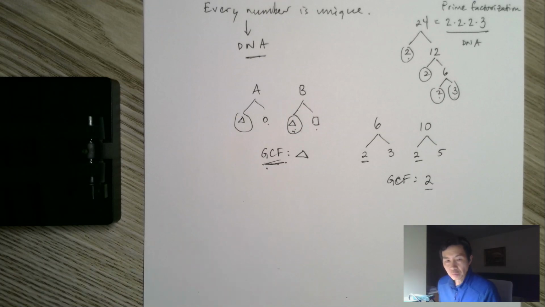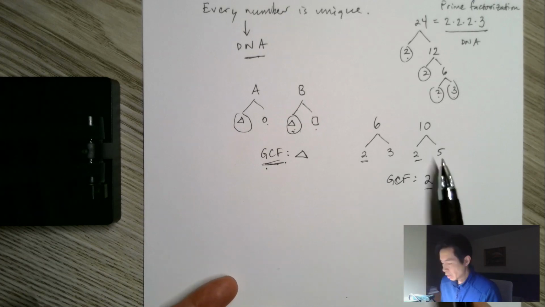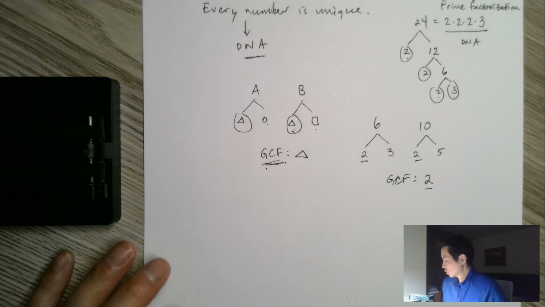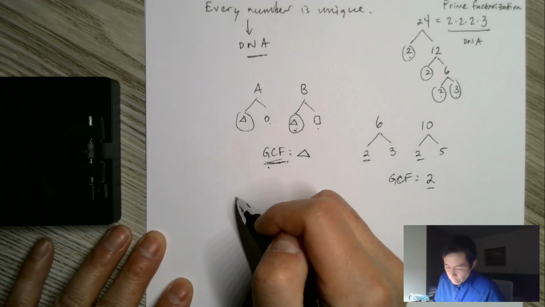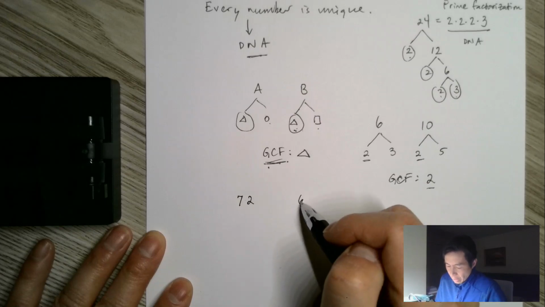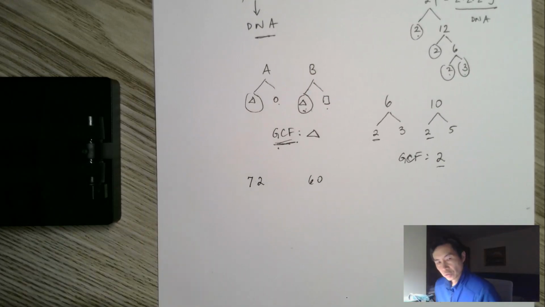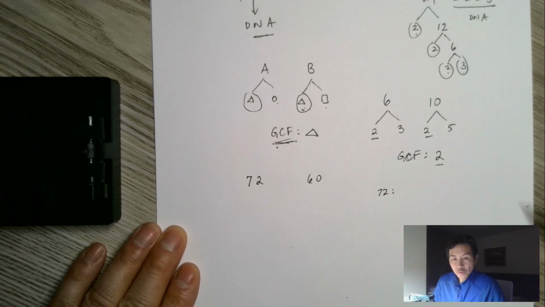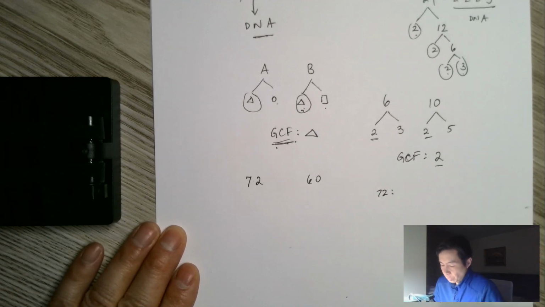Well, it's true. You probably don't need a factor tree to find the GCF of 6 and 10, but you might need it if the numbers are not so small. So let's take a pair of medium numbers like 72 and 60. Now the GCF may not jump out at you when you see 72 and 60, so you could use the listing method, which is what some people do. So they might list the factors of 72 from least to greatest.